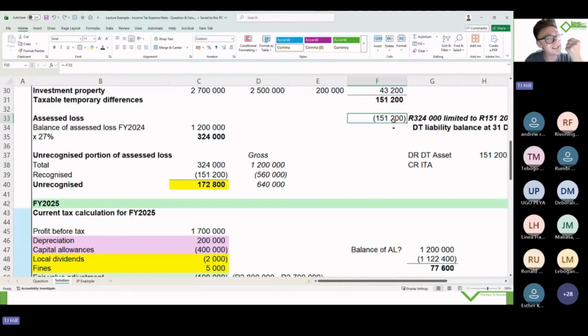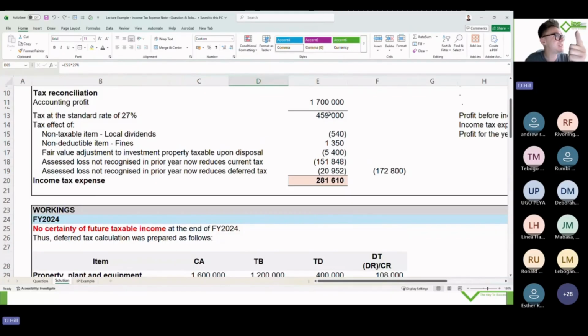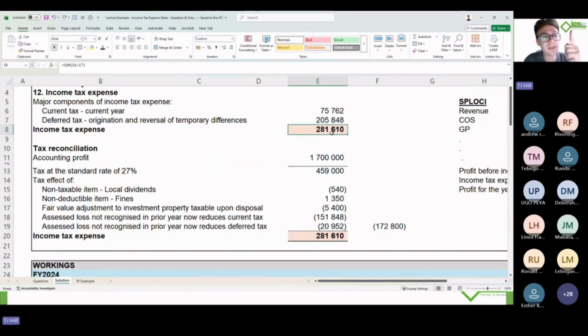I told them your tax benefit that is coming is 151,200. But magically the next year it was 303. Do you see that now? That means that this expense is going to be much lower than they expected it to be. And that expectation is then the difference between the two. And that's why I have to minus here.